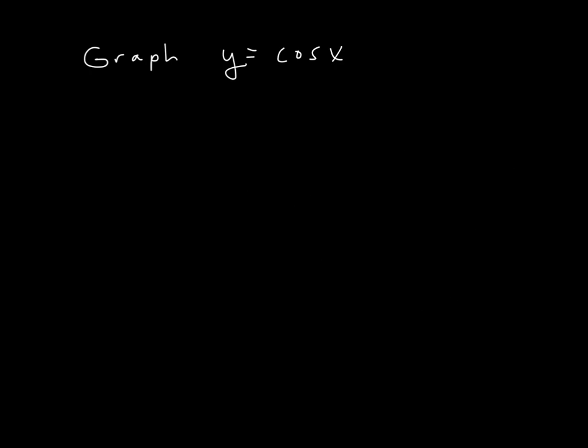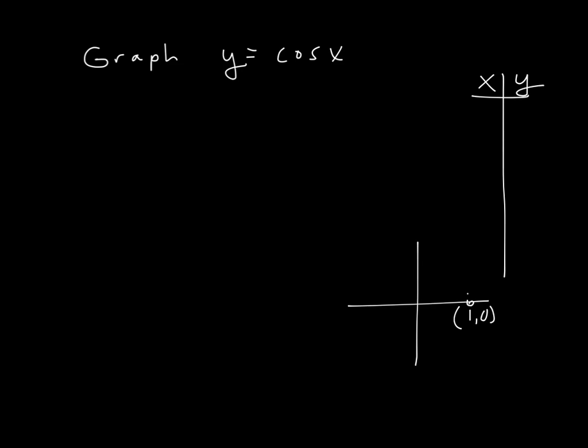Cosine. Let's do it again. So cosine, same thing. You got 1, 0. You got 0, 1. You got negative 1, 0. And you got 0, negative 1. But now cosine is all the x values on the unit circle.